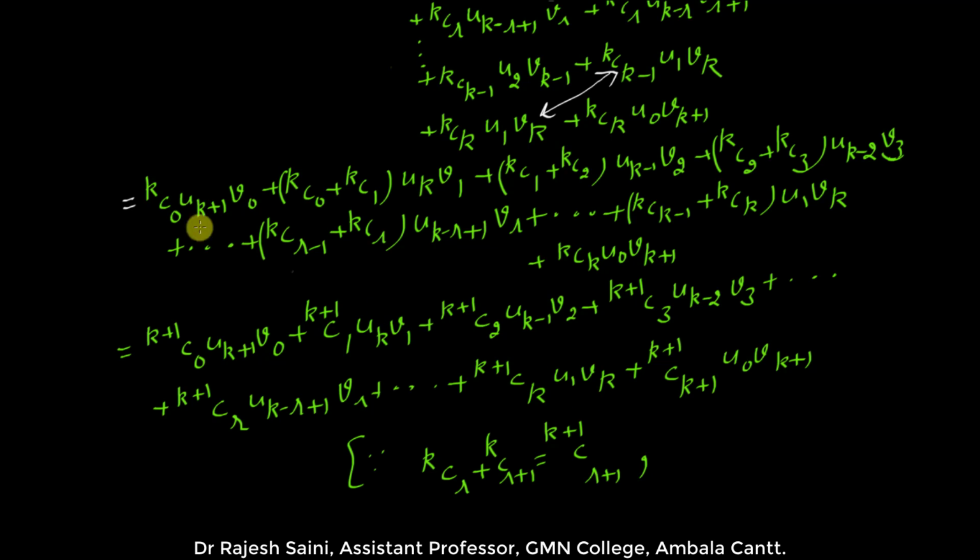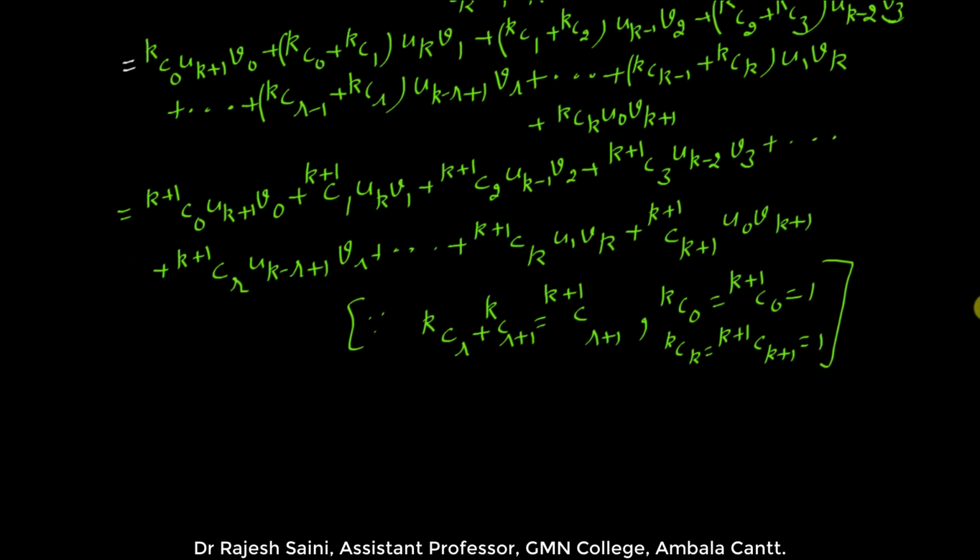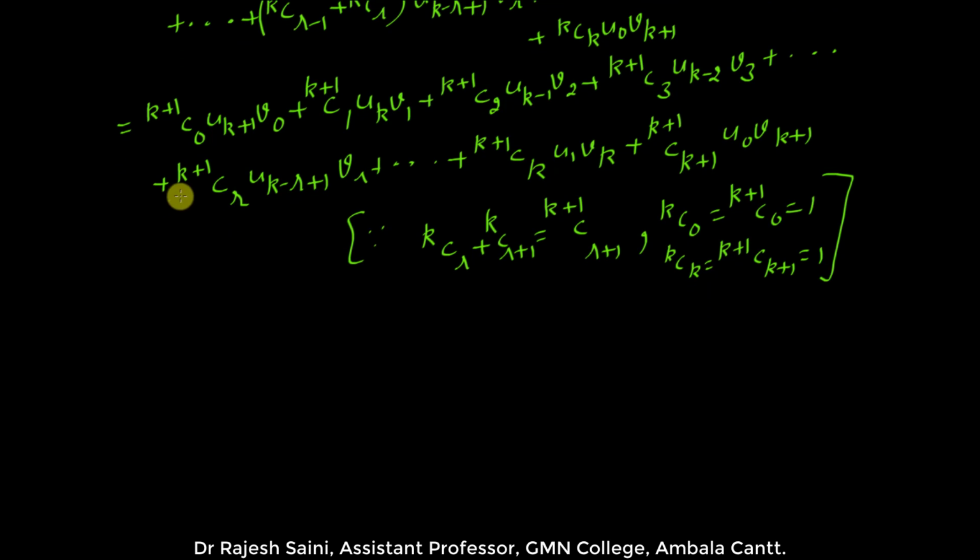Because we know that kC0, also (k+1)C0, is 1. Similarly (k+1)C(k+1) is equal to 1. So this will be the result.